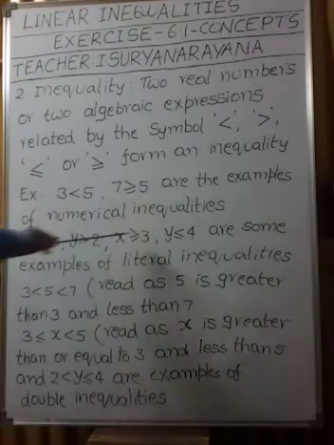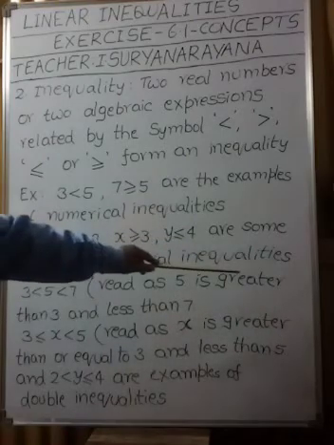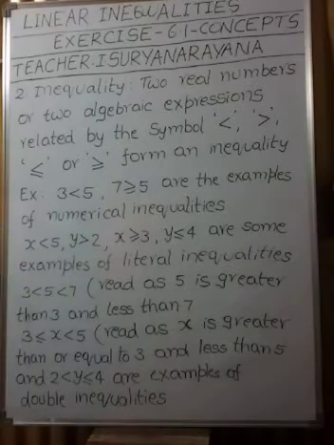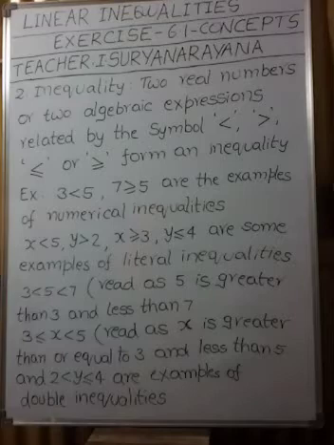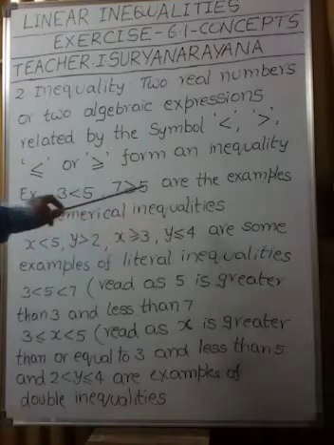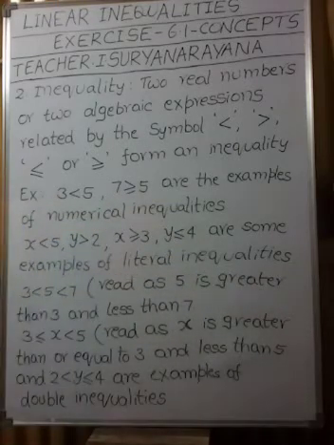So these inequalities are the examples of literal inequalities. In the inequality, if any variable is given, x, y, z, any English letters, then the inequality is said to be literal inequality. Understood this point, my children?